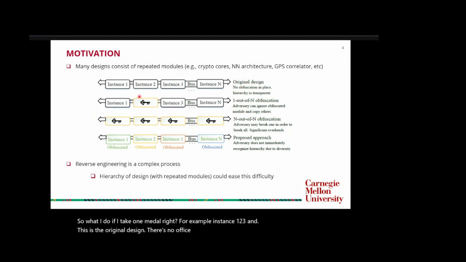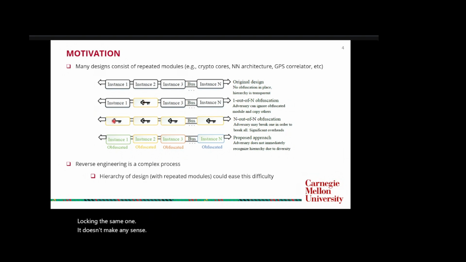If I try to hide one of them, because many of the instances are the same and have similar functionality, if the attacker can guess any of them, he or she will say, okay, I think the others are also the same, and I will put that functionality. Locking the same one doesn't make any sense.